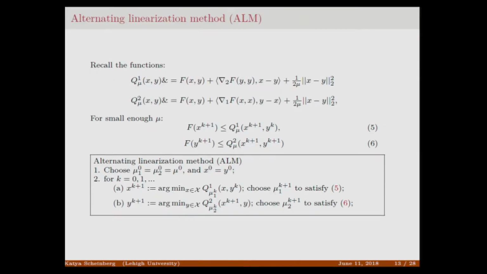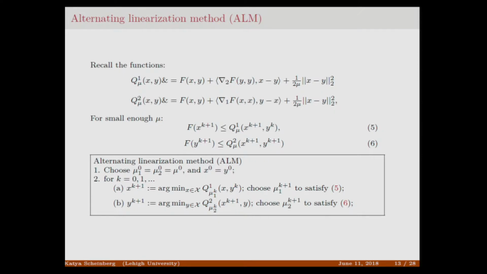So we did this, and it is still an alternating scheme, but it uses the explicit form of the gradients that we can compute. And then we have these two Q functions. So it uses these two functions, and essentially, what we need from mu, as usual, is this sort of condition.